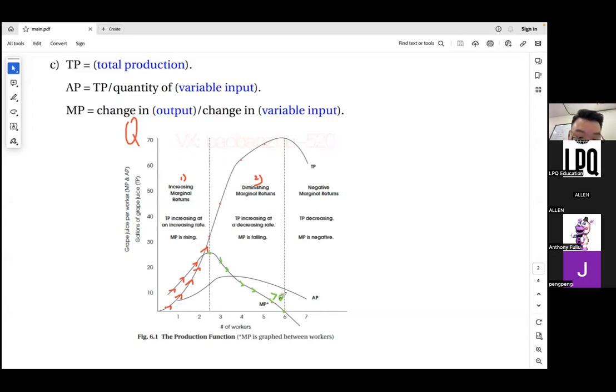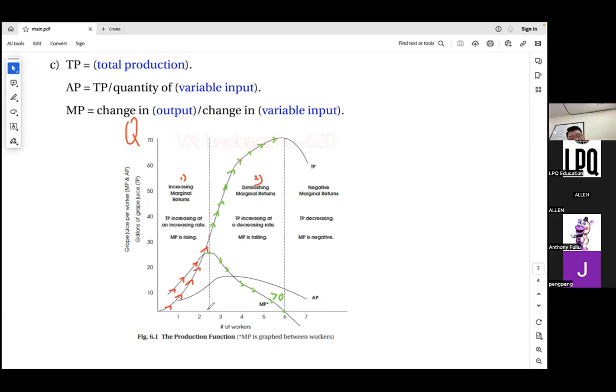So accordingly, your TP can still be increased, because your MP is still a positive number.